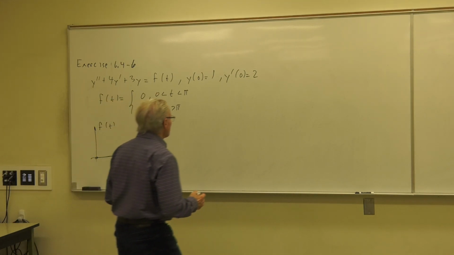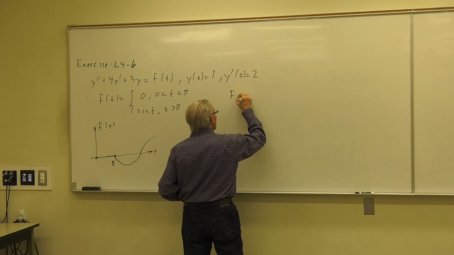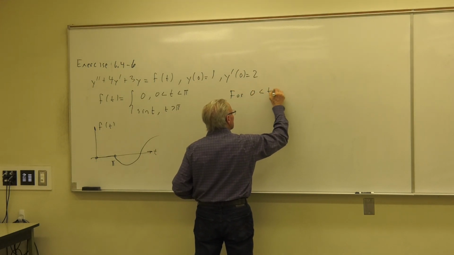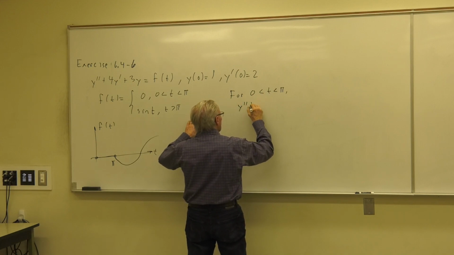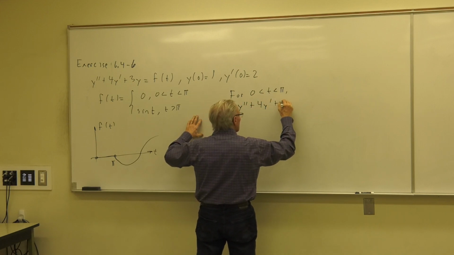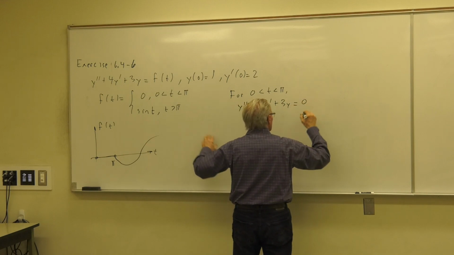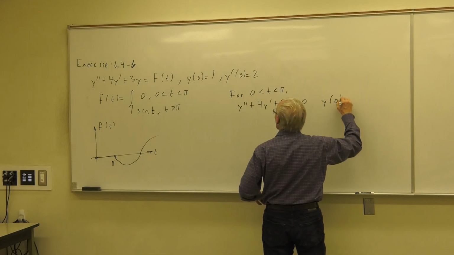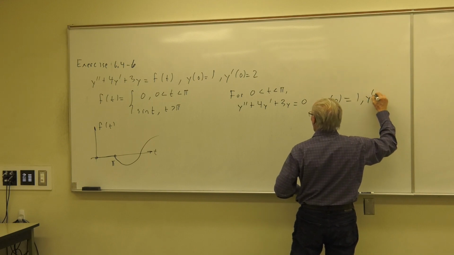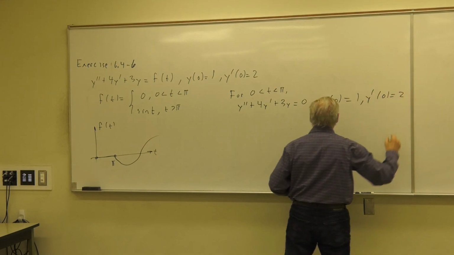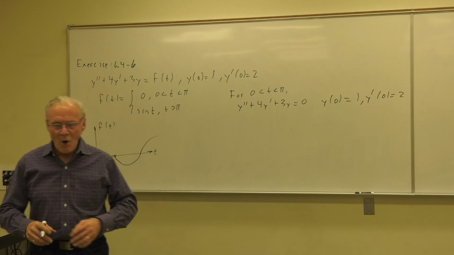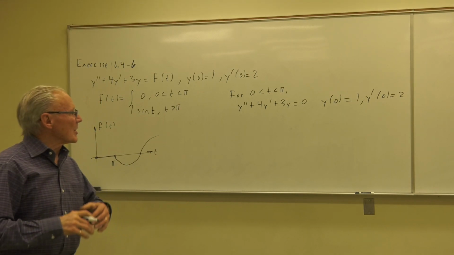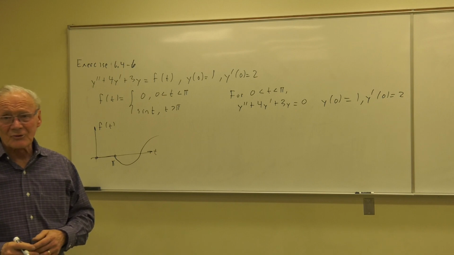So away we go. For 0 less than t less than pi, we will be looking at y double primed plus 4y primed plus 3y equal to 0, along with y at 0 is equal to 1, and y primed at 0 is equal to 2. Linear, second order, homogeneous, constant coefficient differential equation.